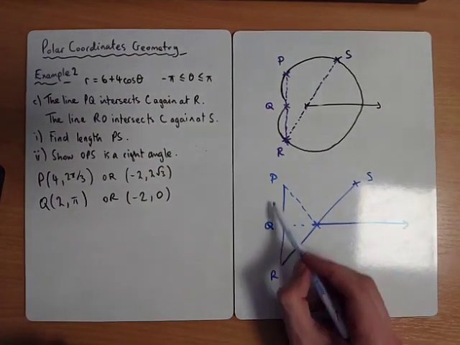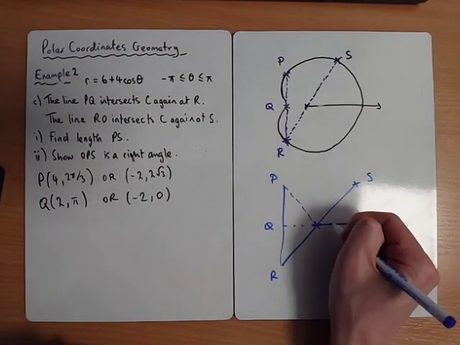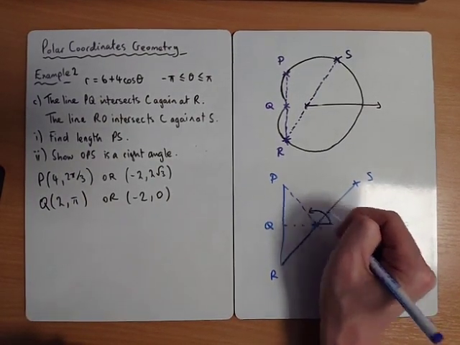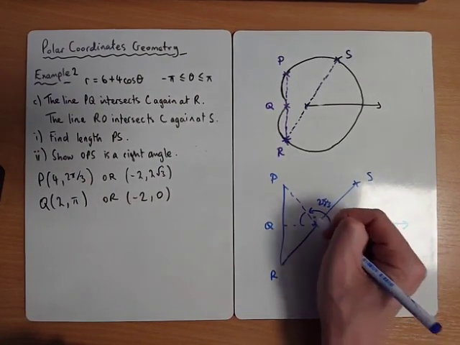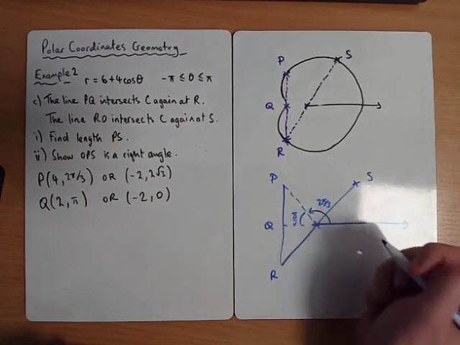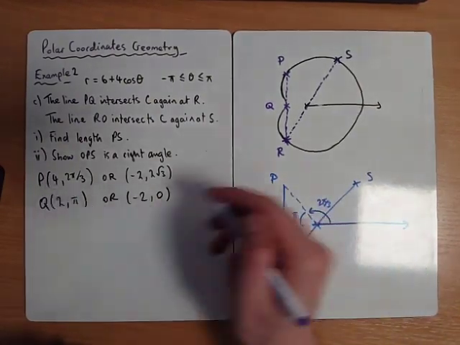So if we just focus on the symmetry over here on the left hand side for a second, we knew that total angle that way was 2 pi over 3. So I know that angle is pi over 3. I knew the distance was 4.